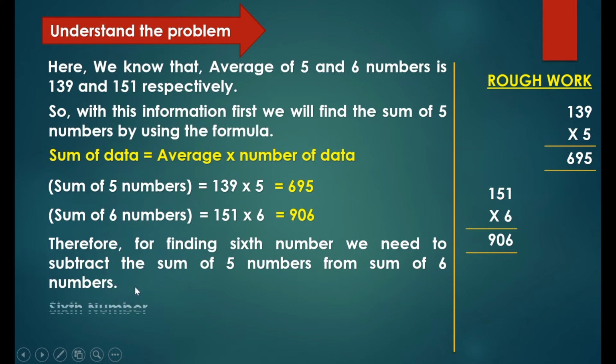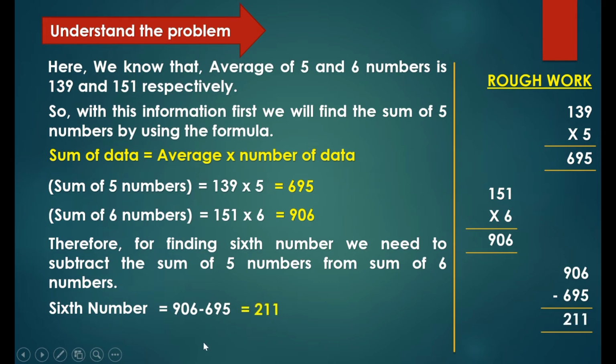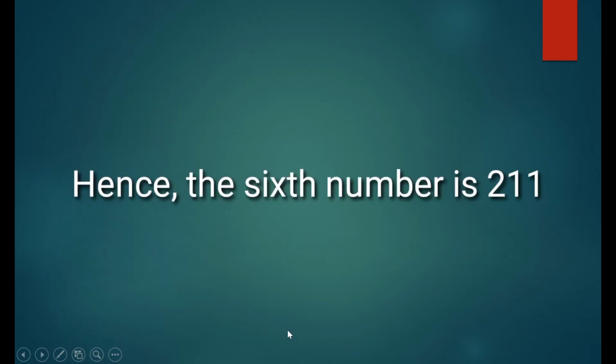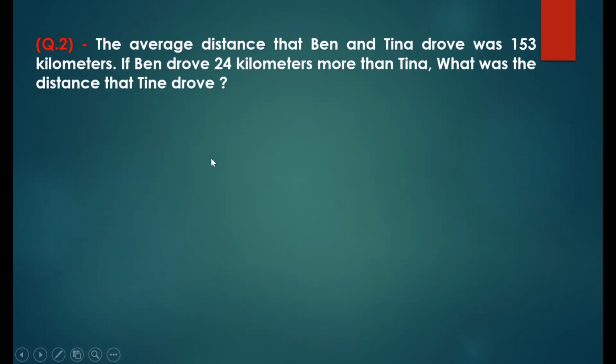So what you are going to do in the next step, 6th number is equal to 906 minus 695. It means that you are subtracting, you will get 211. This is the 6th number. Hence the 6th number is 211. Now let us move to the second question.